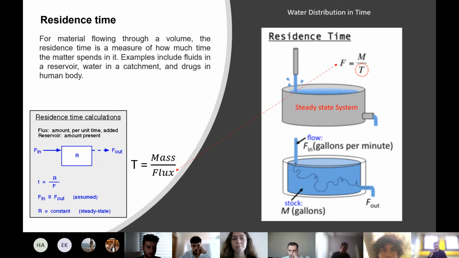For example, you drink one dose of a drug, and you know that its residence time in your body is maybe 8 hours, and after 8 hours you should take the second dose, because the residence time in your body is 8 hours.